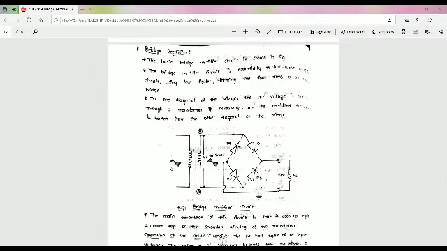To recap: in the positive half cycle, terminal A is positive and terminal B is negative, so D1 and D2 are forward biased and D3 and D4 are reverse biased. In the negative half cycle, terminal A is negative and terminal B is positive, so D3 and D4 are forward biased and D1 and D2 are reverse biased.